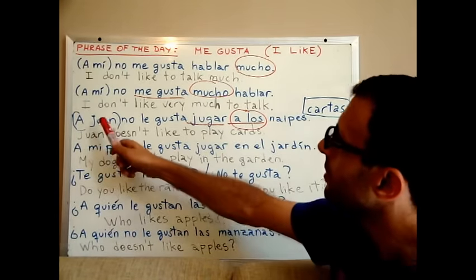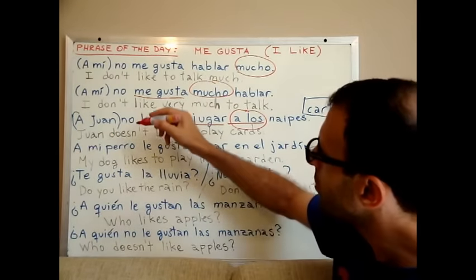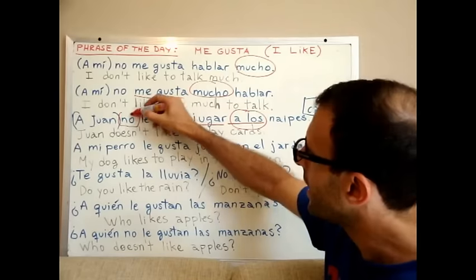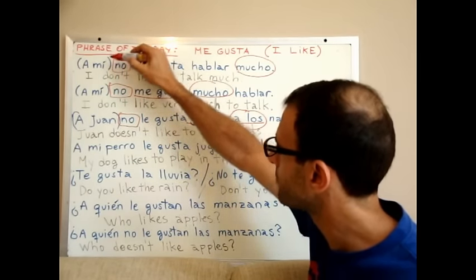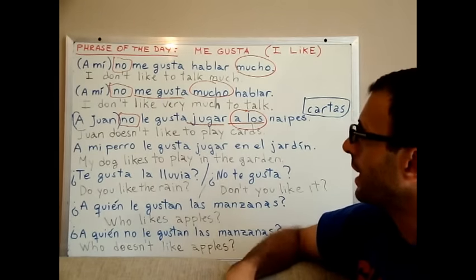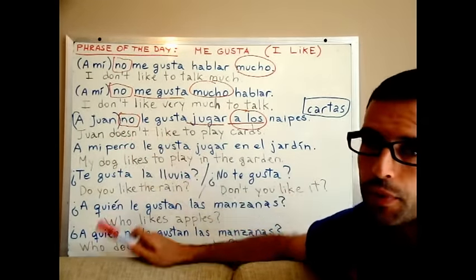Okay? So take a look at this. When we are using negative sentences, you see that the negation word no always goes before the me gusta or le gusta, right?